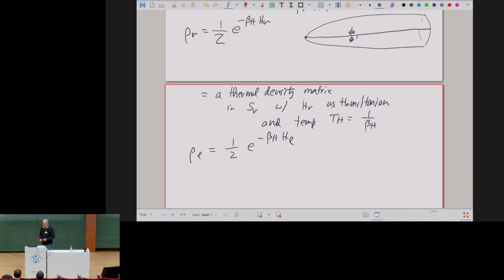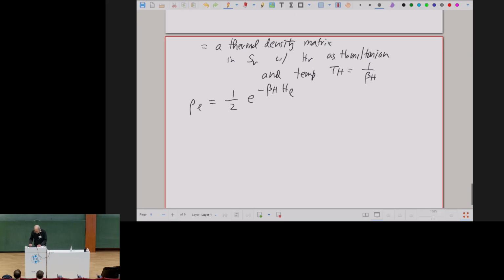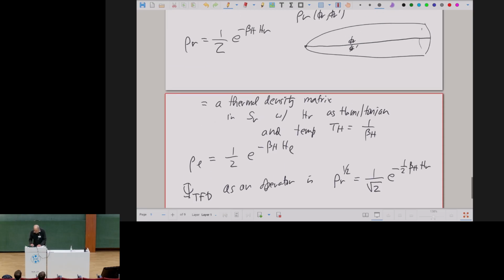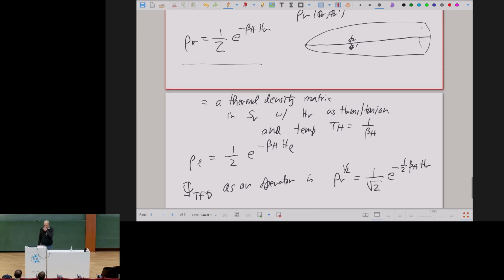Okay, well now we'd like to understand the thermofield double state. And the thermofield double state as an operator is just the square root of the density matrix. So it's 1 over the square root of Z times e to the minus 1/2 beta H times HR. I just took the square root of the formula for the density matrix.